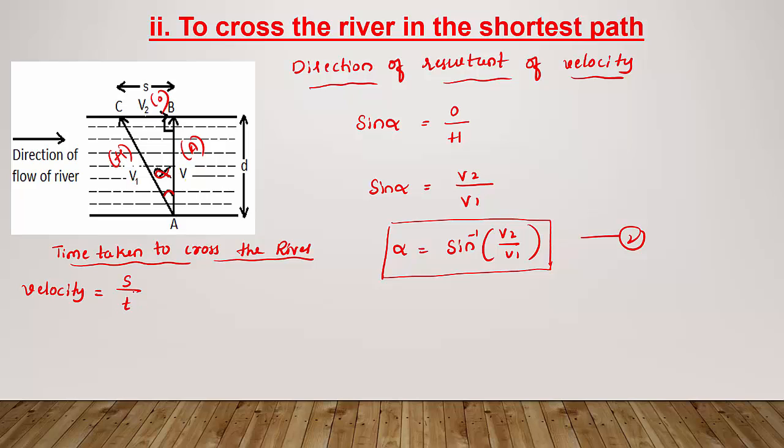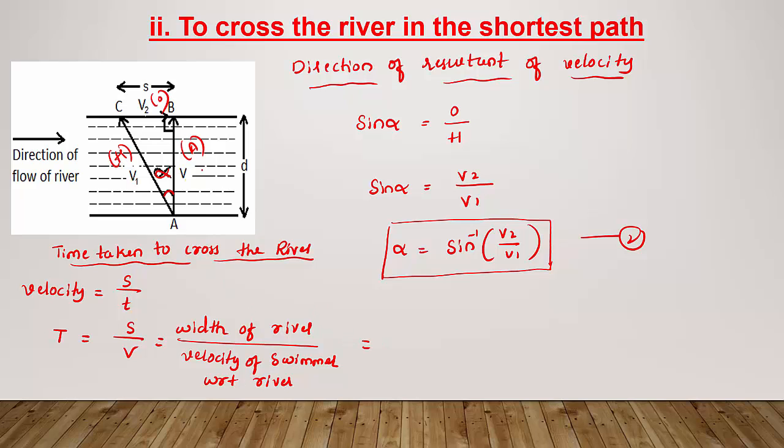Rate of change of displacement. We want time here. T equal to, this equation can be written as s divided by v. S indicates width of the river, divided by v, which indicates velocity of swimmer with respect to river. Velocity of swimmer with respect to river.